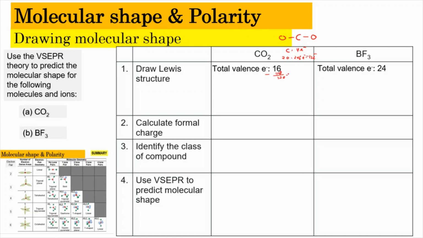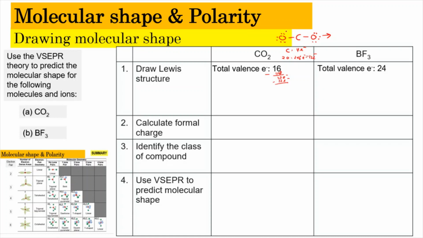The 12 electrons will be used to completely fill the terminal atoms so that they are octet. So we have 6 on the right-hand side and 6 on the left-hand side. Minus 12, so we have used up all the electrons. Now we need to ensure that the central atom is also octet.